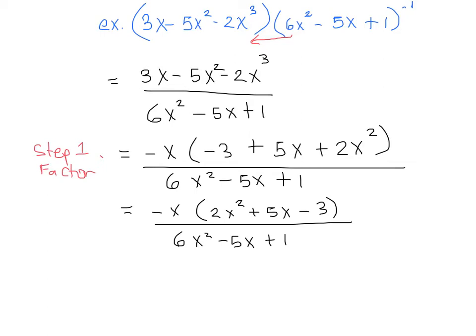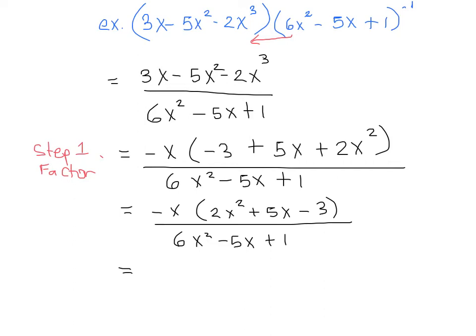So this expression at the top has to be factored if possible, and this expression at the bottom has to be factored if possible. If you don't know how to factor these expressions, just try to remember the trial and error method or the diamond box method. So if you don't remember how to factor these expressions, look back at one of those videos because I'm going to do it pretty quickly now.